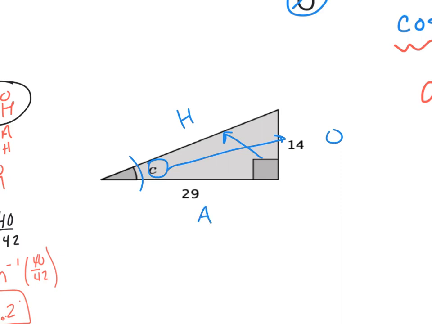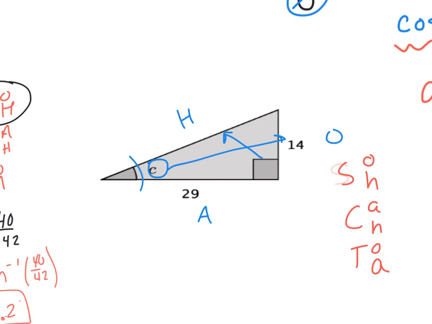So now that I have those labeled, I need to figure out what my trig function is. So to figure out your trig function, we immediately write down SOHCAHTOA, which is going to be in red. So I need to figure out what I have information about.